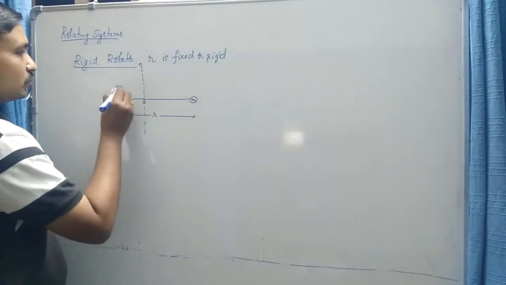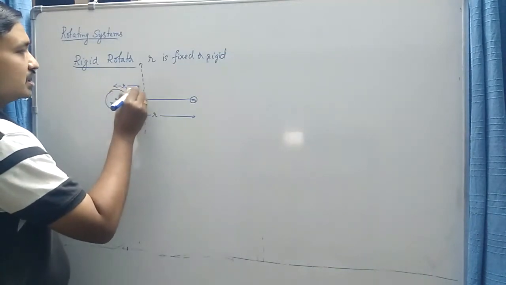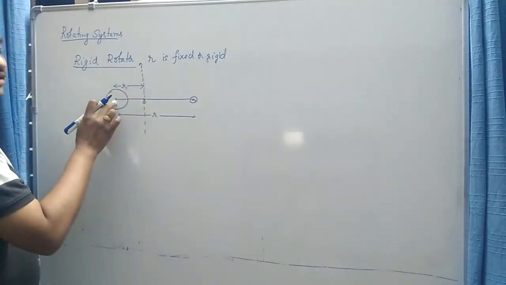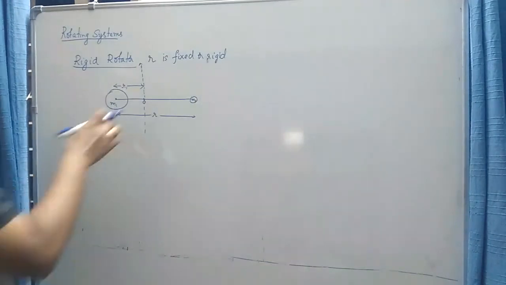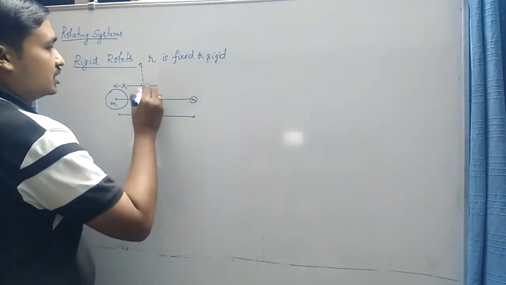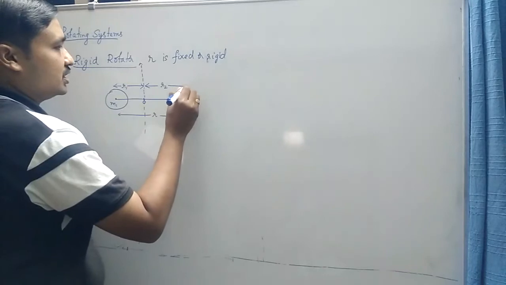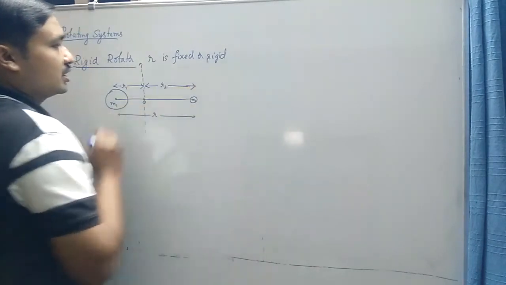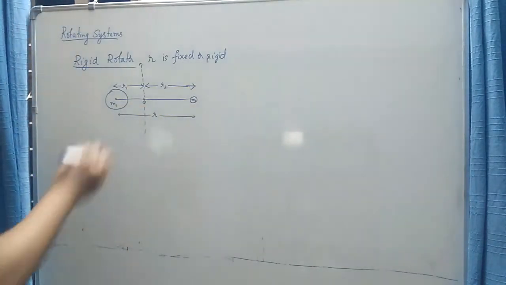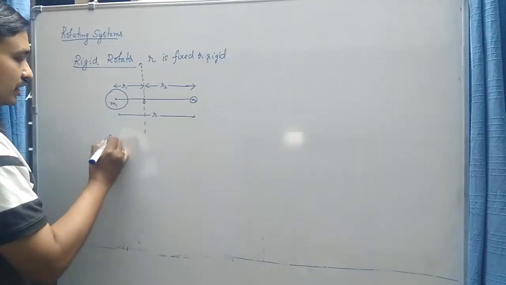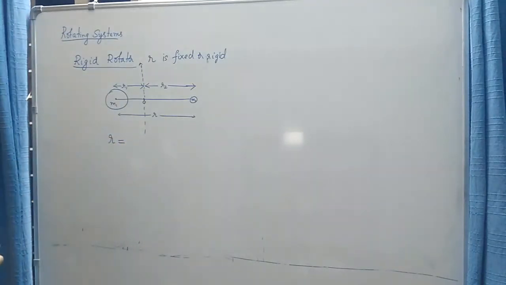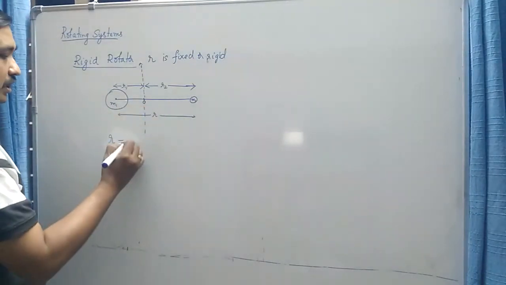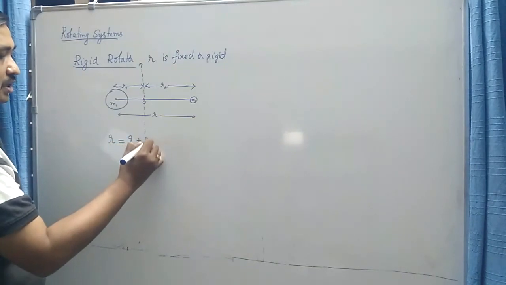Let r1 be the distance of the center of the first particle from the center of mass, and r2 the distance of the second particle from the center of mass. And we can observe that the total length r between the two particles is r1 plus r2.